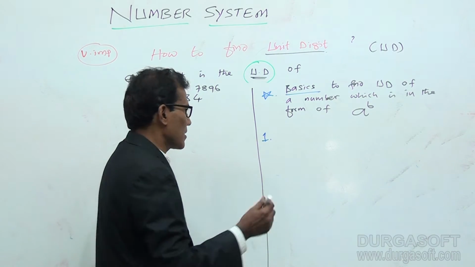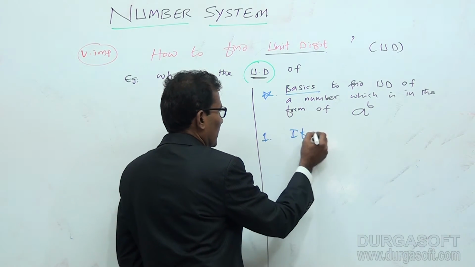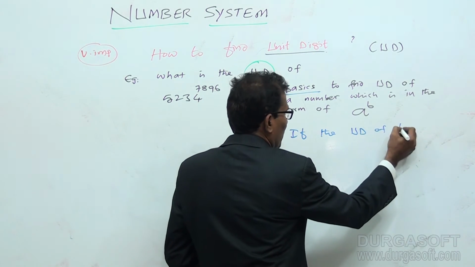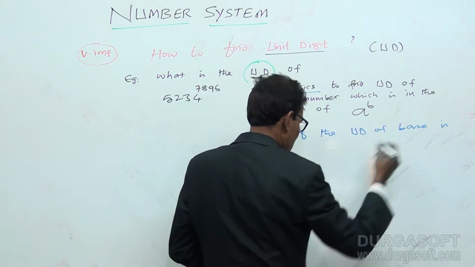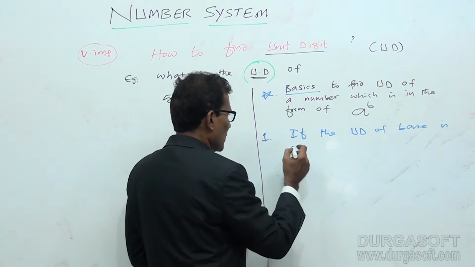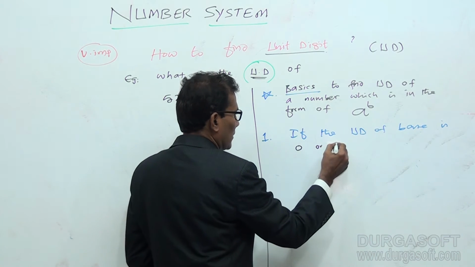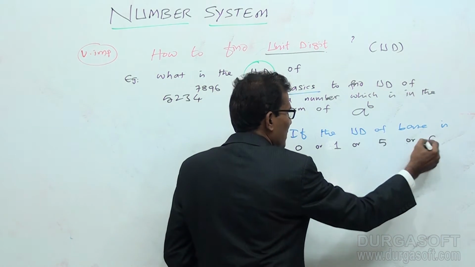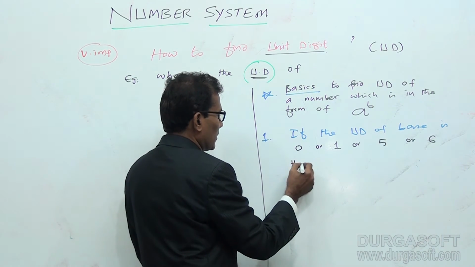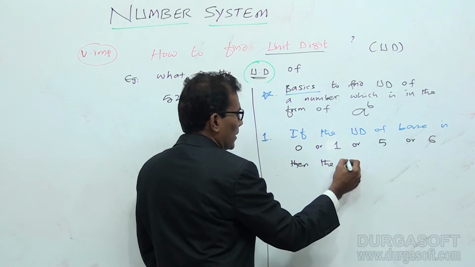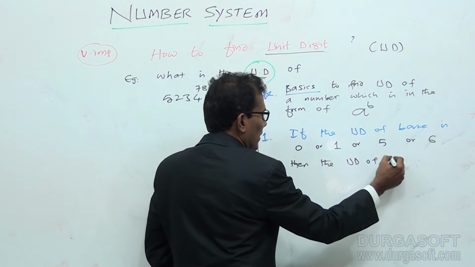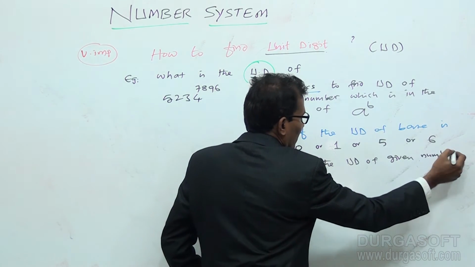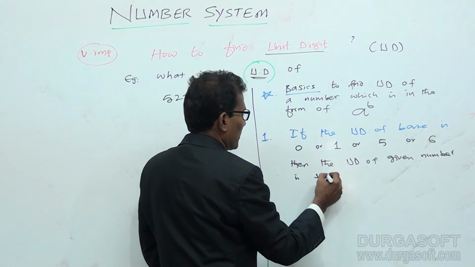So rule number 1 is, if the unit digit of the base is 0 or 1 or 5 or 6, then the unit digit of the given number is the same.